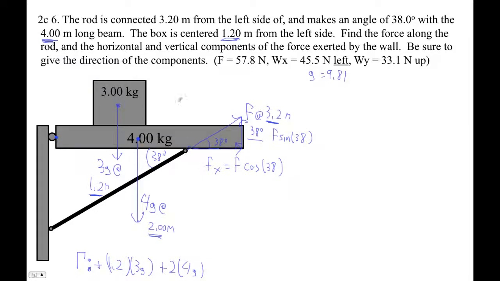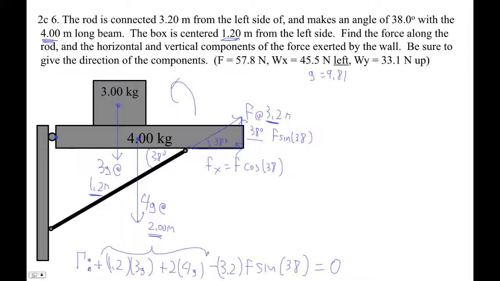Then we've got this guy exerting an anti-clockwise torque, so we go minus 3.2 times whatever the force is times the sine of 38, because it's not perpendicular, it's at some angle like that, right? And then that equals 0. So I'm going to divide by 3.2, divide by sine of 38, right?